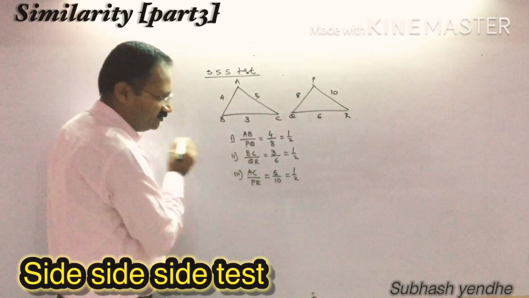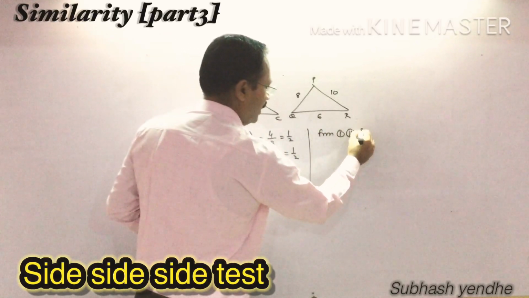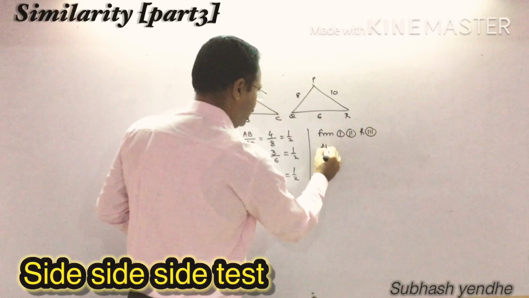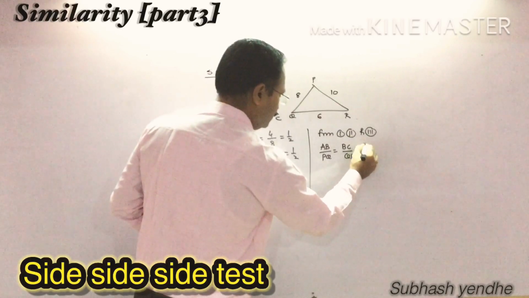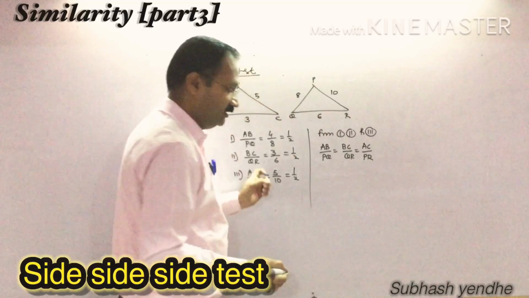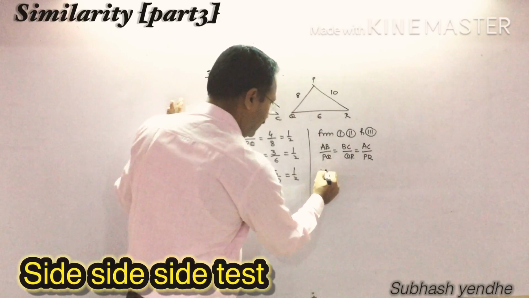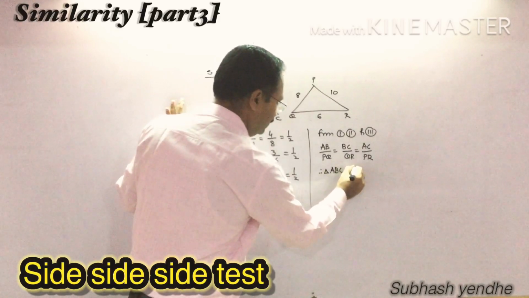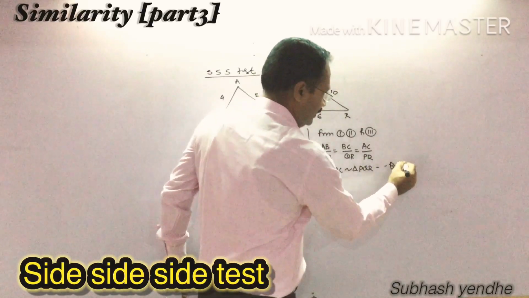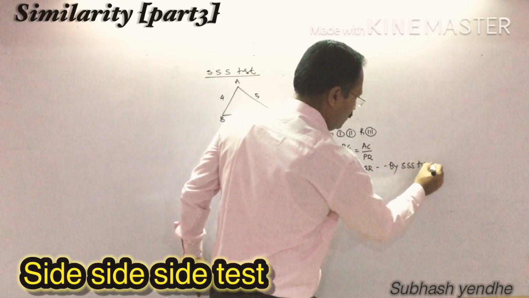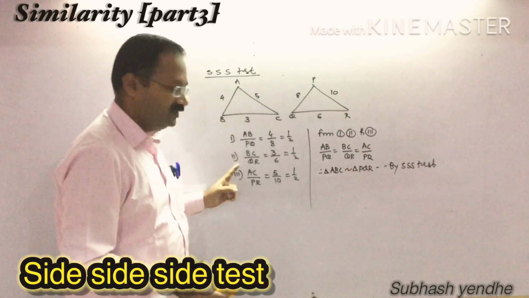See the ratio of these three, from 1, 2 and 3, we can say that AB upon PQ equals BC upon QR equals AC upon PR. It means all three sides are in proportion, and therefore we can say that triangle ABC is similar to triangle PQR by SSS test of similarity.